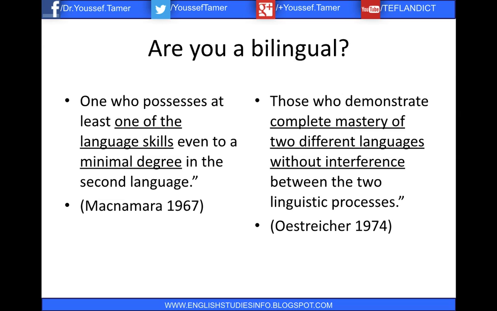So he's talking about people like you, Amazigh and English, or Arabic and Amazigh, okay? Having complete mastery of two different languages without interference between the two linguistic processes. And fluency here, he's talking about fluency in using the two languages.